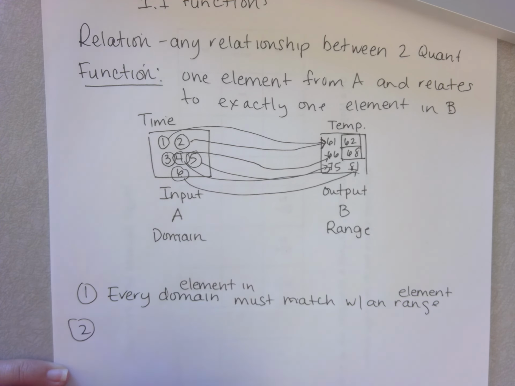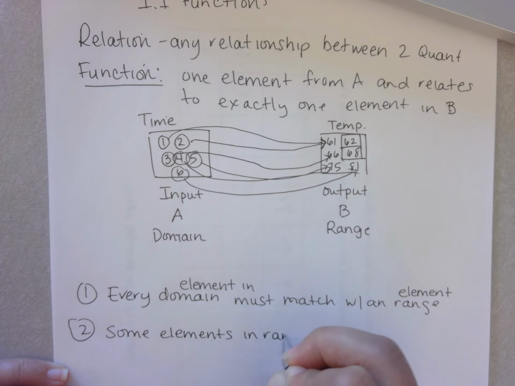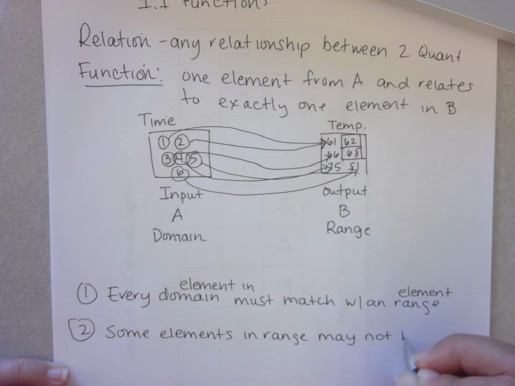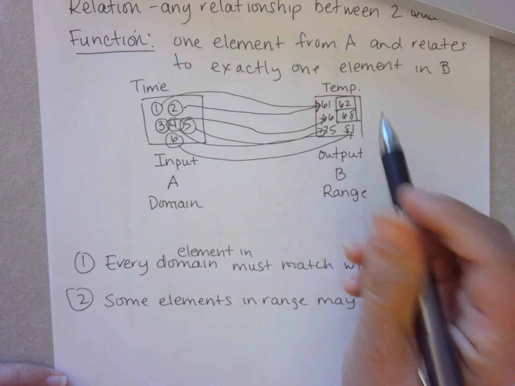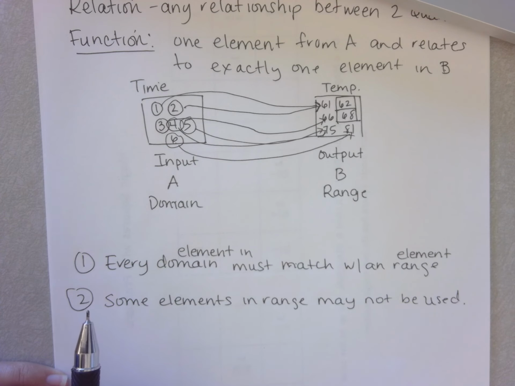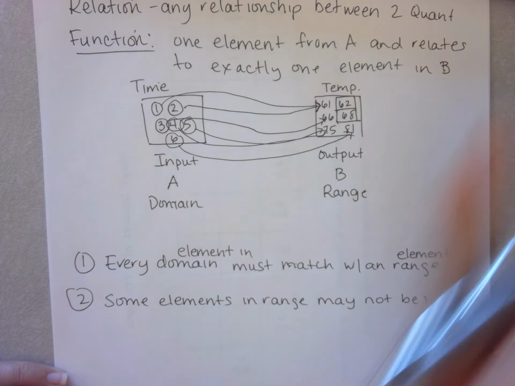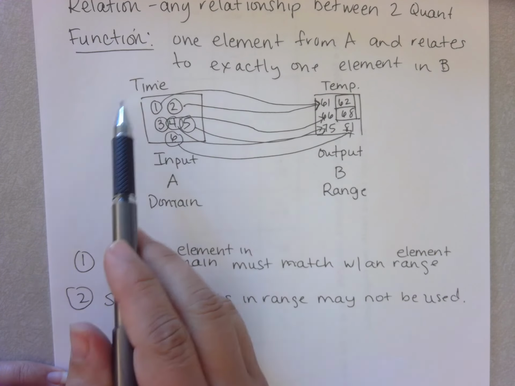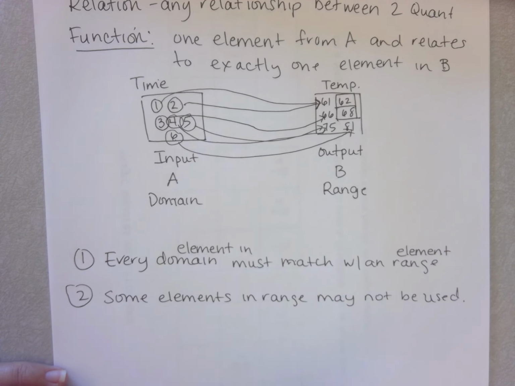Second, some elements of the range, which is B, may not be used. That's okay, like the 62 and the 68 over here. They didn't match up, but it's fine to have extra ones in there. We just can't have any element in the domain that's not matched up with something.